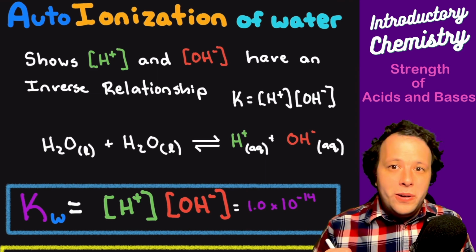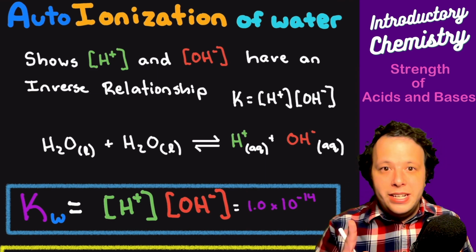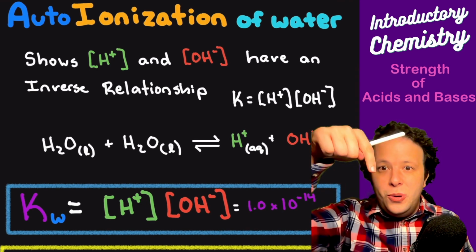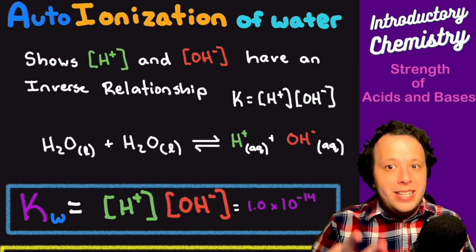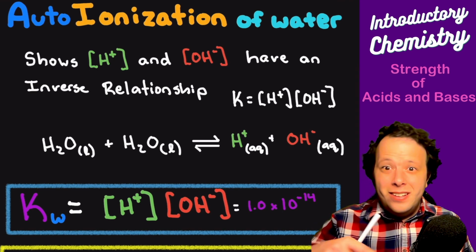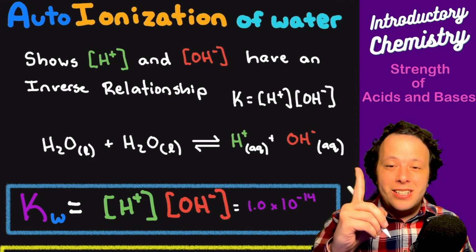Why is that so important? It tells you that you have an inverse relationship, meaning that as H plus goes up, OH minus goes down, and the opposite occurs as well. As the acidity goes down, the alkalinity or basicity goes up.